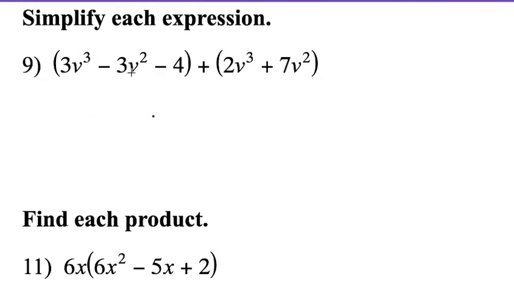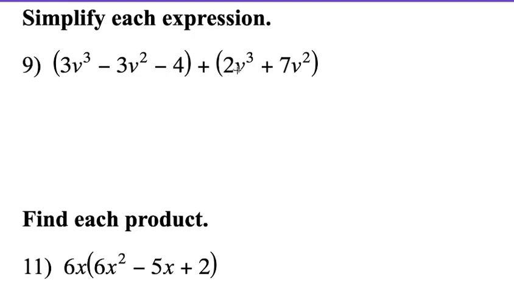Right, at number 9, we have two polynomials that are being added. Now, the main idea when we're trying to simplify in a situation like this is to combine like terms. So when we're adding or subtracting two polynomials, we are going to combine like terms.